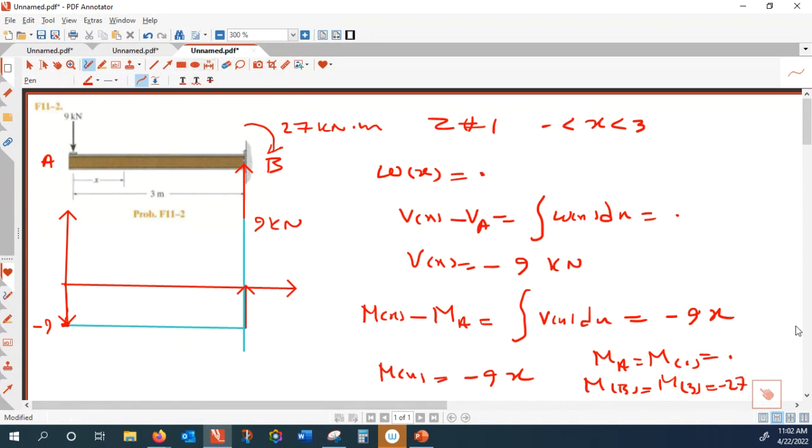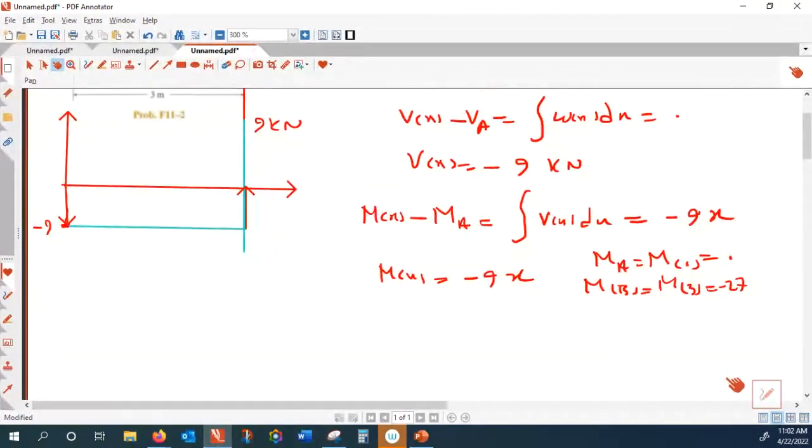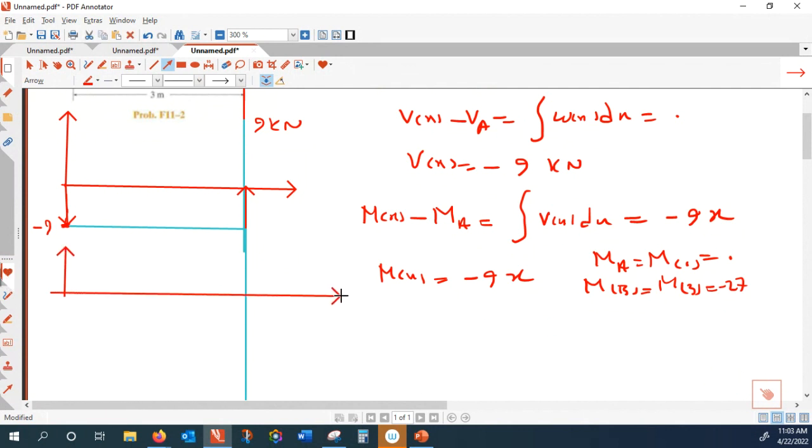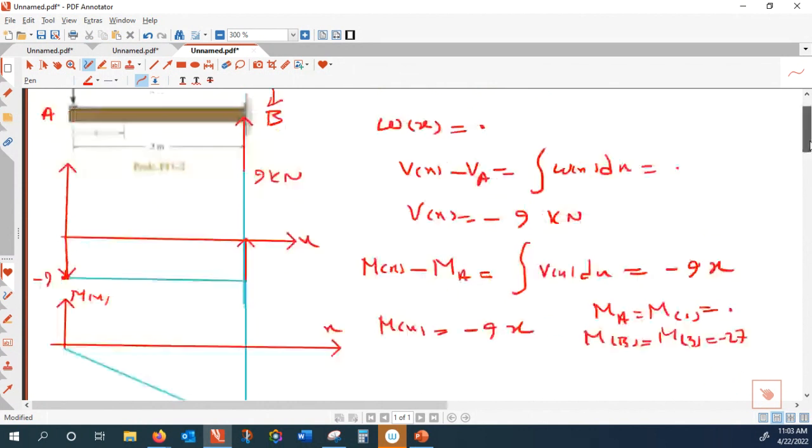So again, starting from 0, it goes to -27. And then there is a discontinuity there.